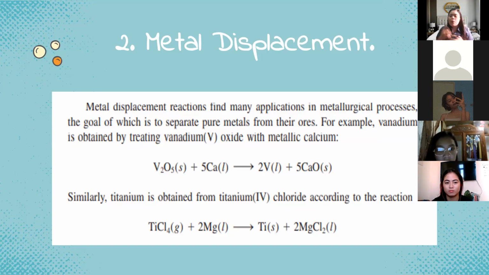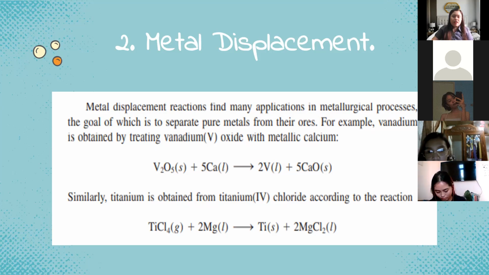Thus, if they want to obtain a pure one, ang ginagawa nila is nagme-metal displacement sila. So they let a more reactive metal react with the ore so that ang gusto nilang metal ay madi-displace and makukuha nila as pure metal.